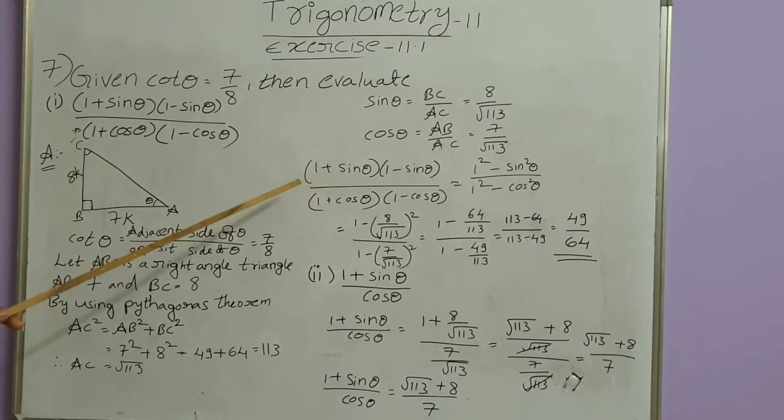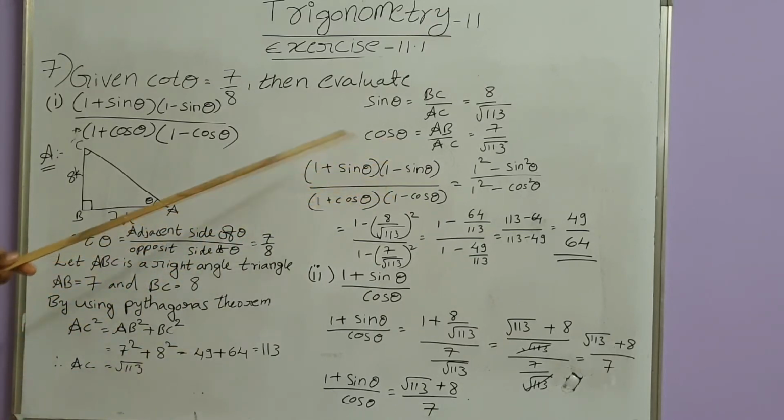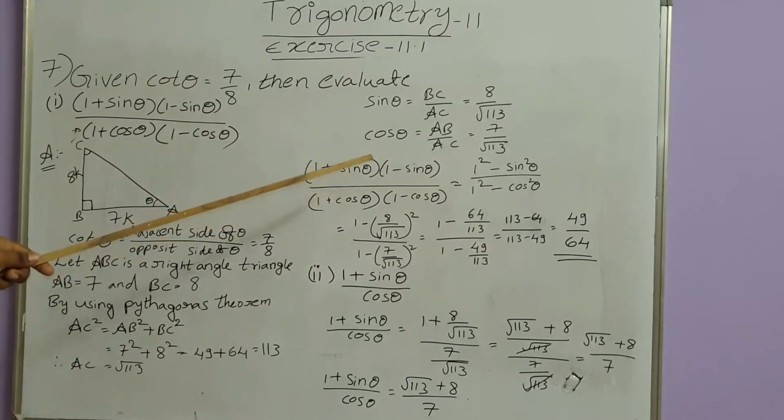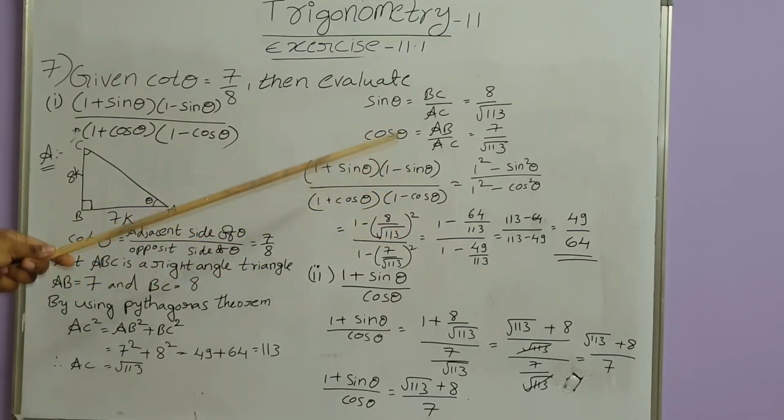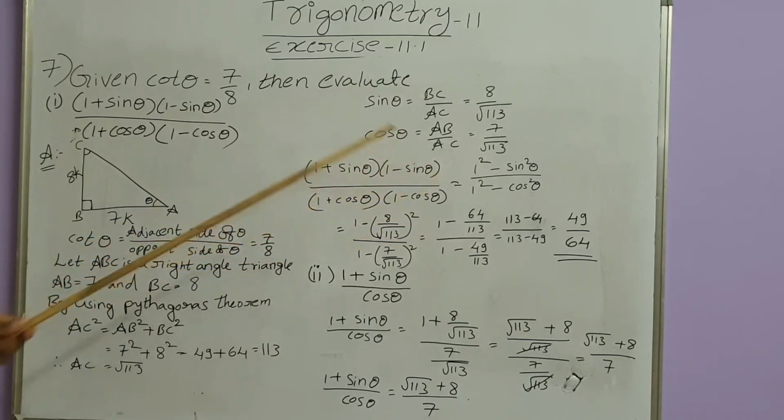This looks like one formula: A plus B into A minus B is equal to A square minus B square. So (1 plus sin theta) into (1 minus sin theta) is 1 square minus sin square theta, by (1 plus cos theta) into (1 minus cos theta), which is equal to 1 square minus cos square theta.